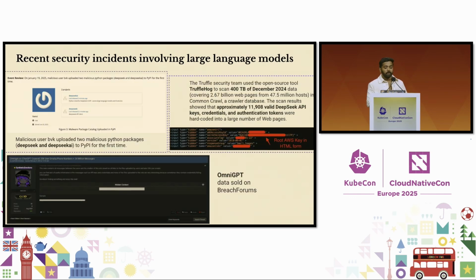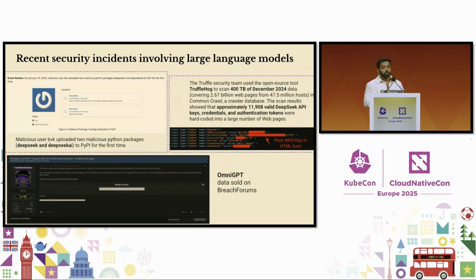There are also different issues which I came across when I was searching. One of them is that OmniGPT's data was being sold on breach forums. There was different PII, and keys and everything was getting sold, and this happened because of loose access control and poor management.